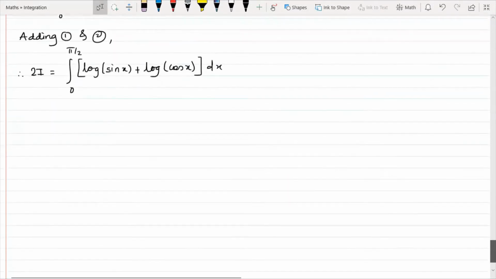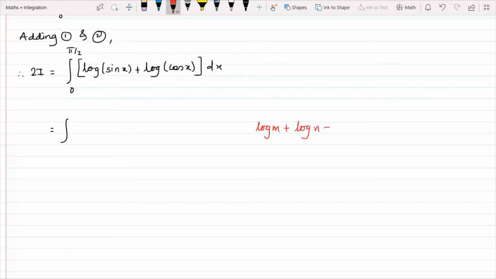In logarithms, there was a property: log of m plus log of n can be written as log of mn. So in the integral, I can write it as log of sin x into cos x dx. The limits are from 0 to pi by 2.